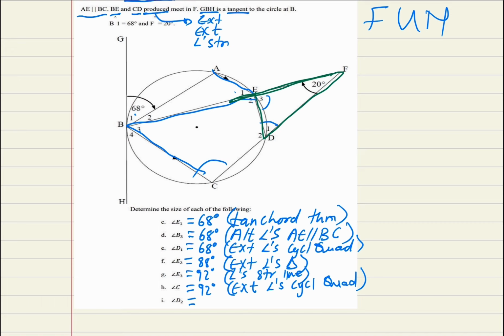So D2, I'm going to say 180 minus 62. So that means it's 118 degrees. I can say angles on a straight line, or one can say it's opposite angles of a cyclic quad.